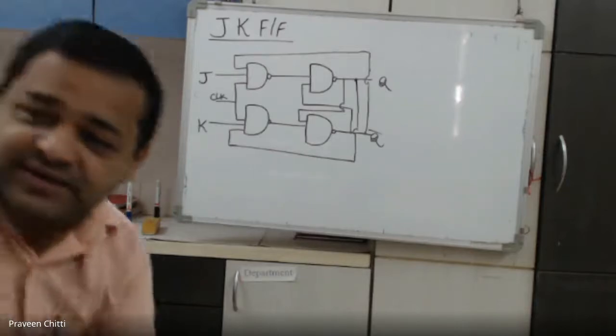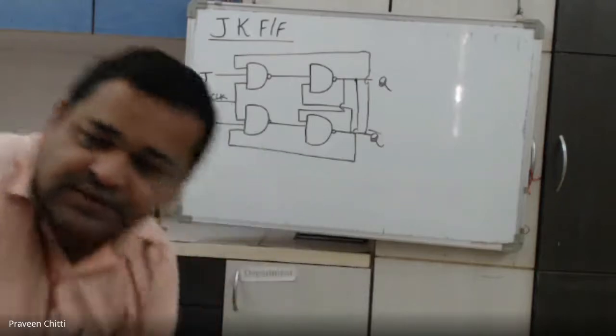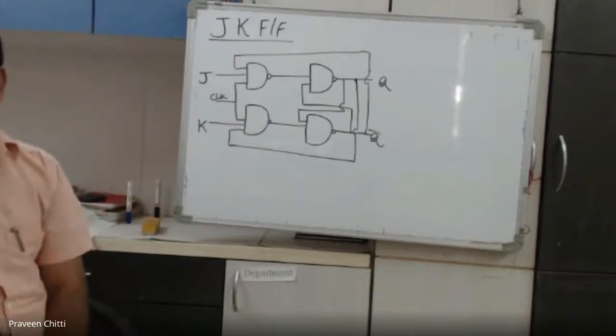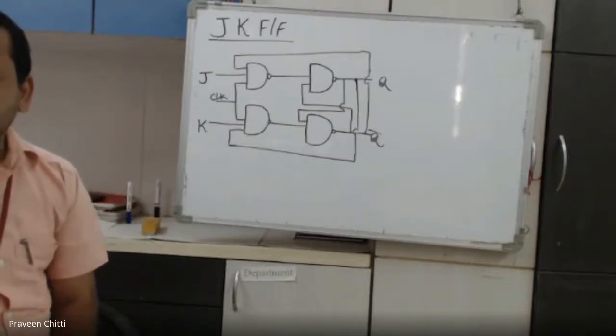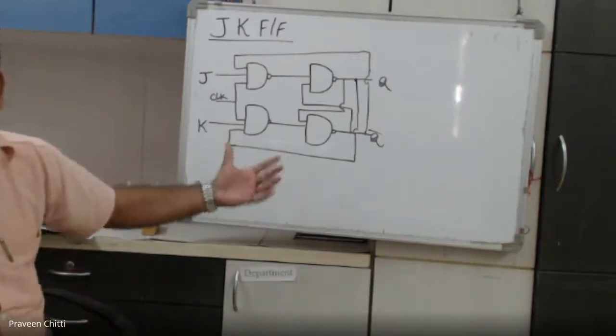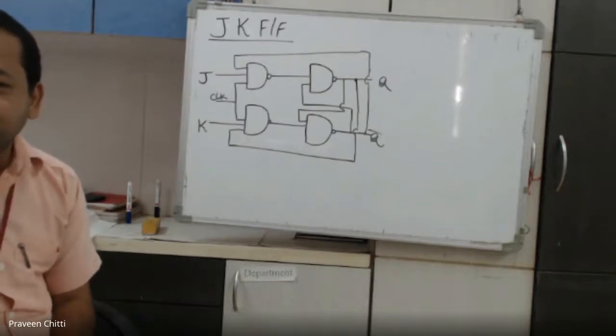I hope it is clear. What changes you need to do in SR flip-flop to get the JK flip-flop? Yes, Ritika? In fact, I have already drawn that diagram on the board. What changes I have done here?